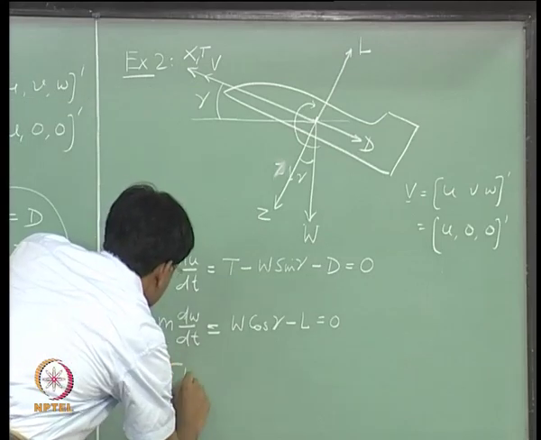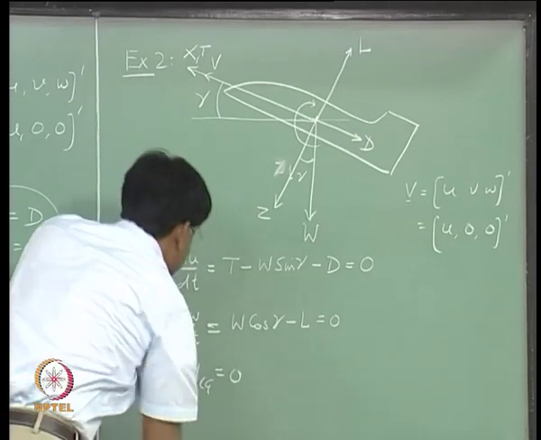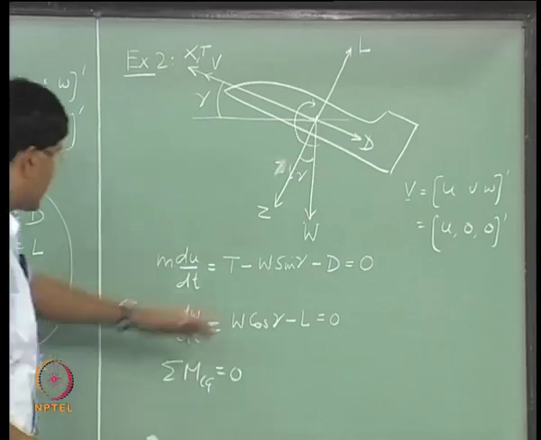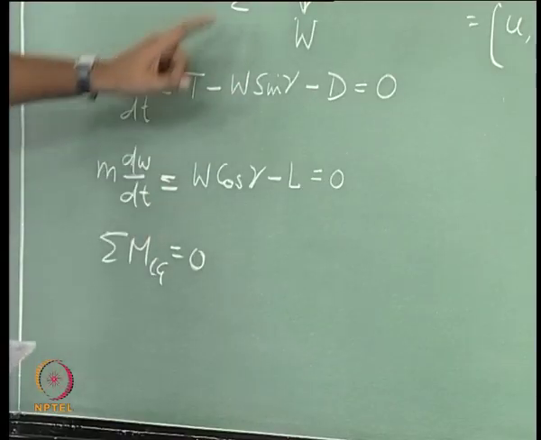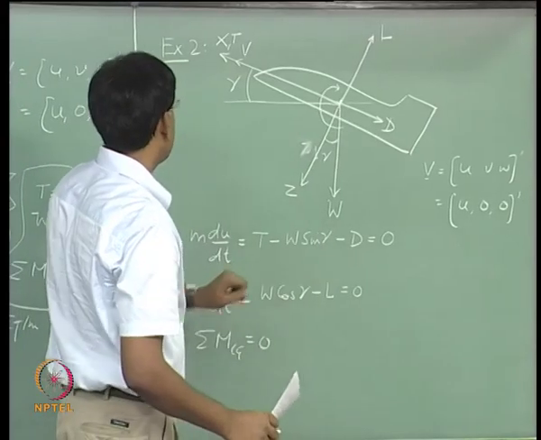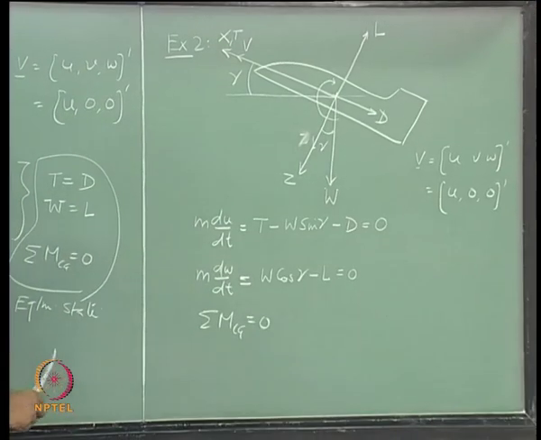So, this condition is still active. So, these three equations will define the equilibrium state of aircraft in steady climb.